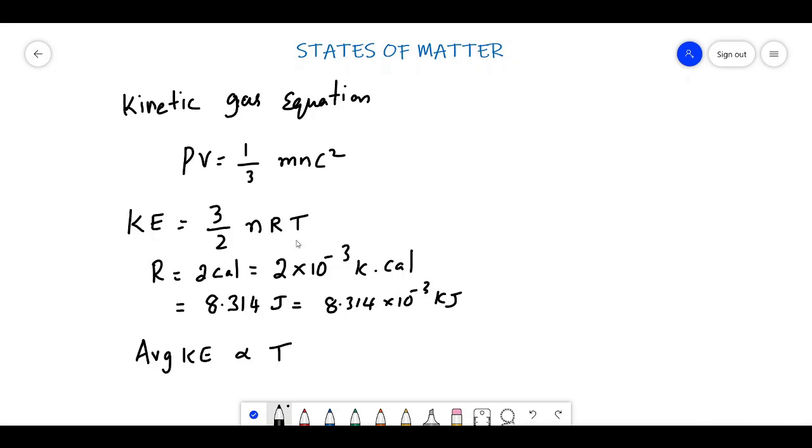If average kinetic energy is asked and the question mentions the same temperature, it indicates that average kinetic energy will be the same for both gases. So you take hydrogen and helium, or oxygen and nitrogen, different moles, but the same temperature, then average kinetic energy will be 1 is to 1.